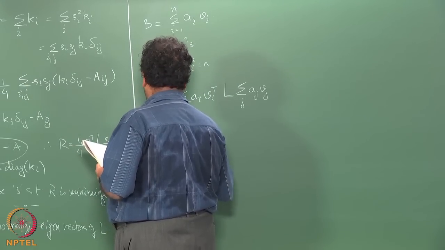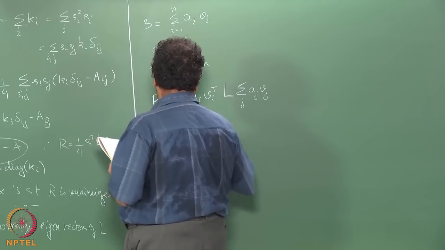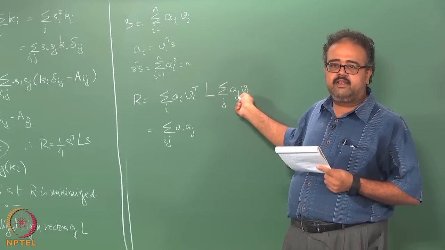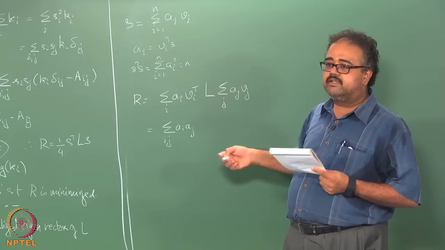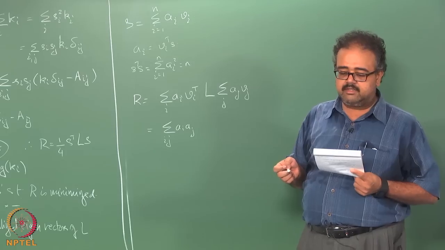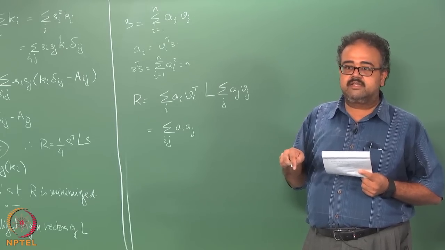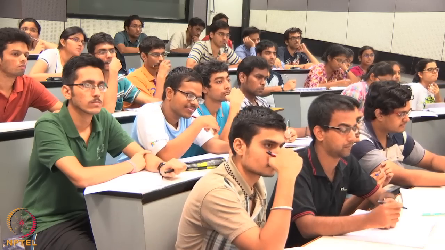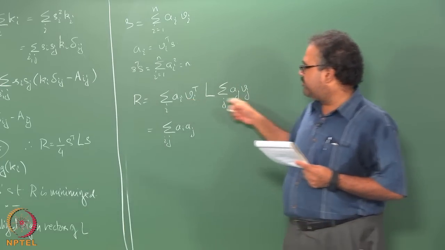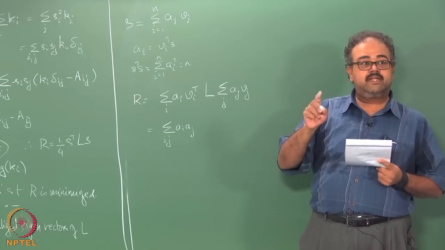So here comes the fact that the Vi are eigenvectors of L. What would be L Vj? Lambda j Vj. What about Vi transpose Vj? Delta ij.